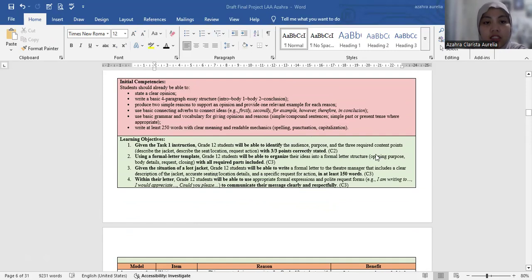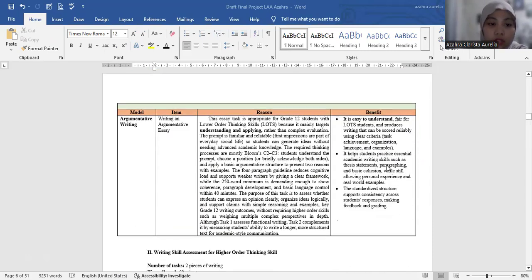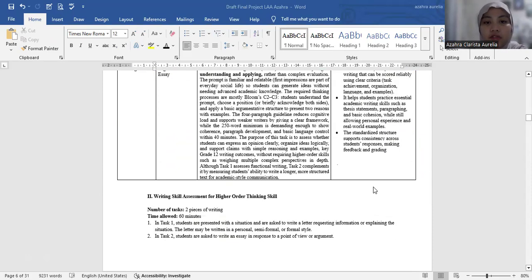The initial competencies are that the student should already be able to state a simple opinion, write a basic four-paragraph essay, and give two reasons with examples. And the learning objectives mainly target C2 and C3. The students understand the issue and apply a basic argument structure. The model is argumentative writing, and the item is writing an argumentative essay.